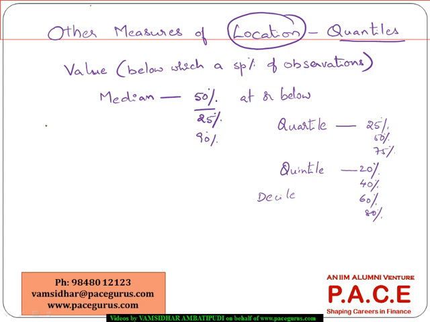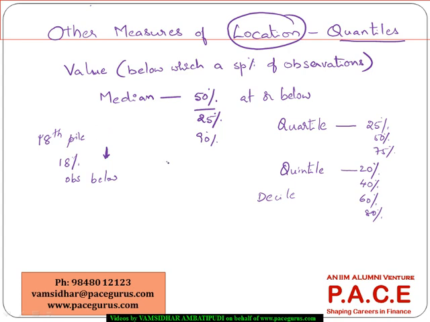So if in my data I want the 18th percentile, it means I have to choose that particular value where 18% of the observations are below it. I want to choose that value in such a way that 18% of the observations lie below it.